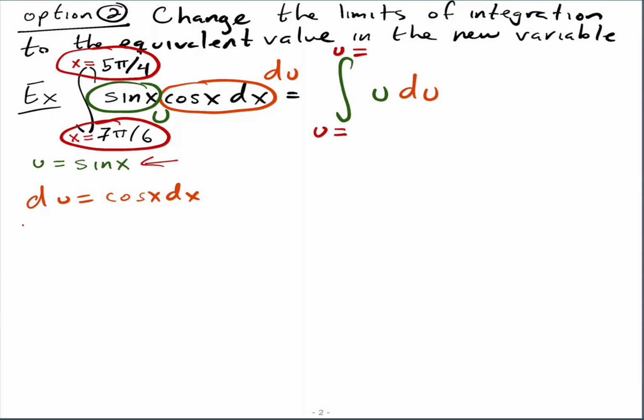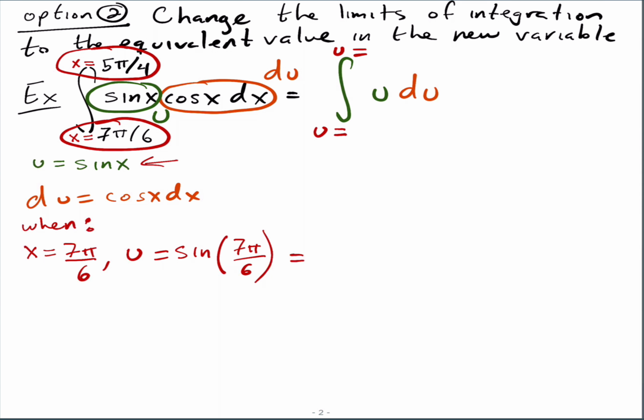So notice when x equals 7 pi over 6, u is going to equal sine of 7 pi over 6, right? And what's sine of 7 pi over 6? Negative 1/2, yep.